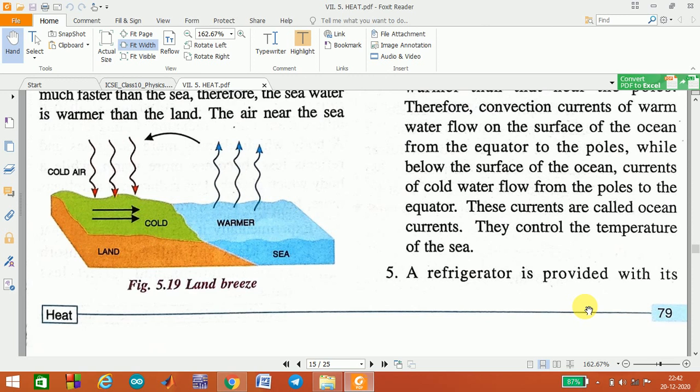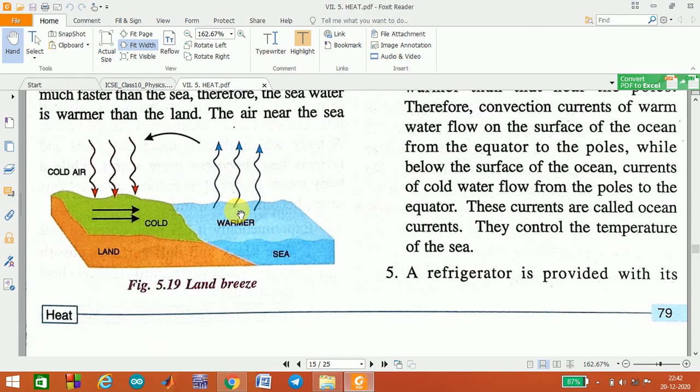Then the air near the sea, being warm, is less dense or lighter, so it rises upward. I have already told you that if it is less dense and lighter, it will move upward, and cold air blows from the cold land.